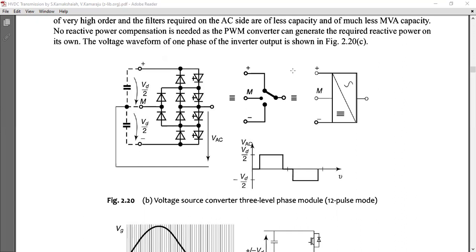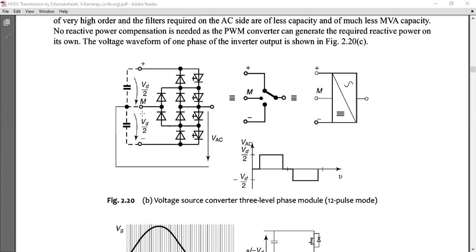If you consider a 3-level converter module, the pulse generated by the individual phase member is of shorter duration. And if you consider a positive Vd by 2 from each leg, it is added in time to get a continuous voltage. Always it is added simultaneously to get a continuous voltage at the capacitor terminals.